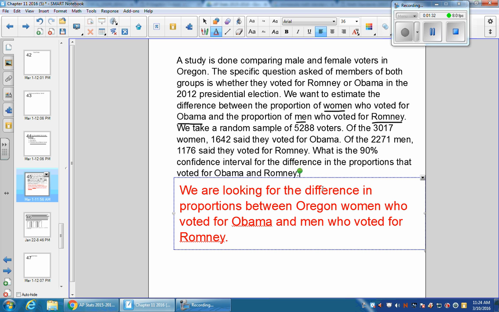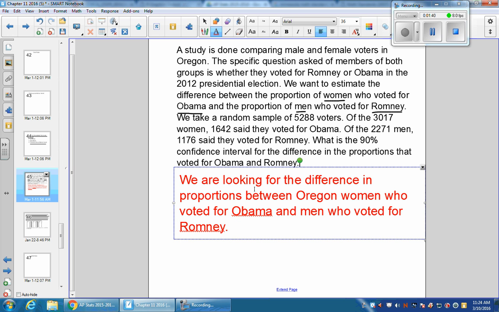So we're not just looking for our sample, we want it to be of all Oregon women and all Oregon men. So that is our parameter. That's the thing we're looking for.